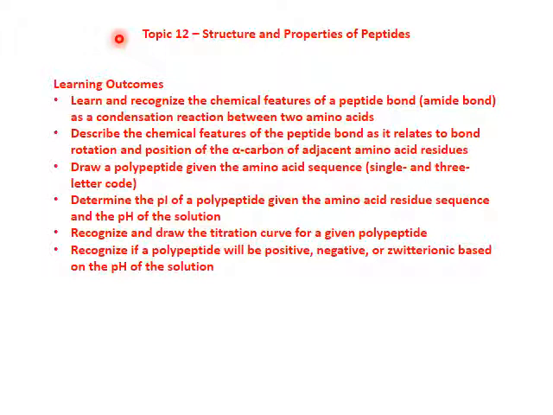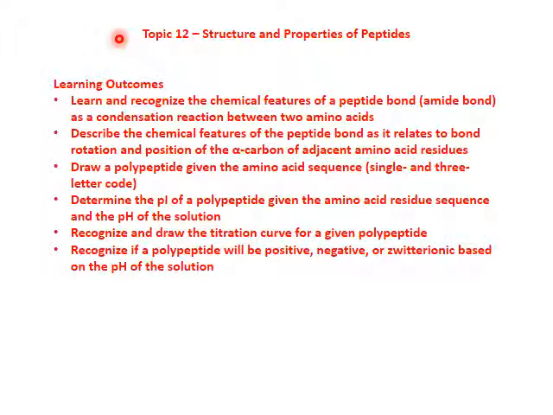This topic covers the structure and properties of peptides. In the previous topic we looked at the structural aspects of amino acids, also their chemical features, including their acid-base properties. But now we're going to look at how we can combine these amino acids together to form polymers called peptides.